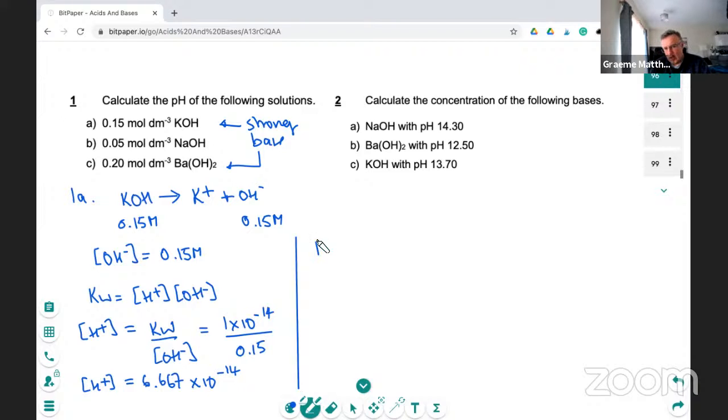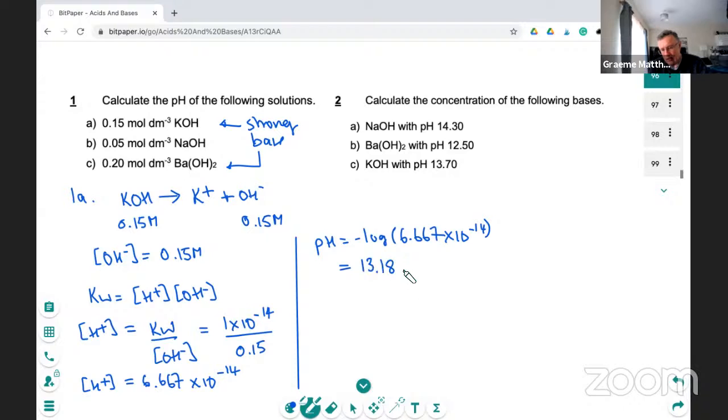And so therefore the pH would be minus the log of the hydrogen ion concentration, which is 6.6667 times 10 to the minus 14, which is going to be, I got 13.18.